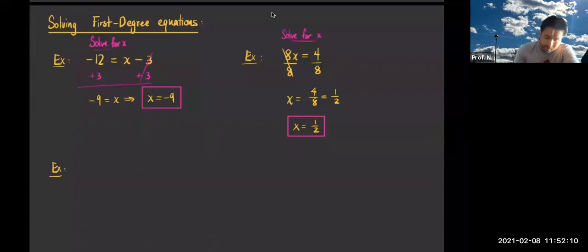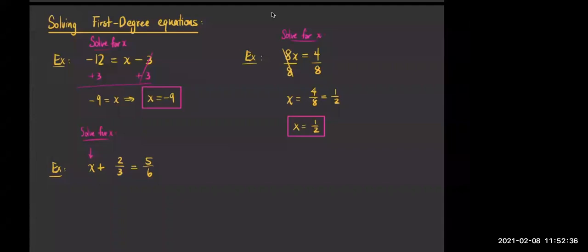What if I get something like this? x plus 2/3 equals 5/6. I want to get x alone, don't I? So I have to get rid of the 2/3 on the left side of the equation. x equals 1/6, I think. Something like that.